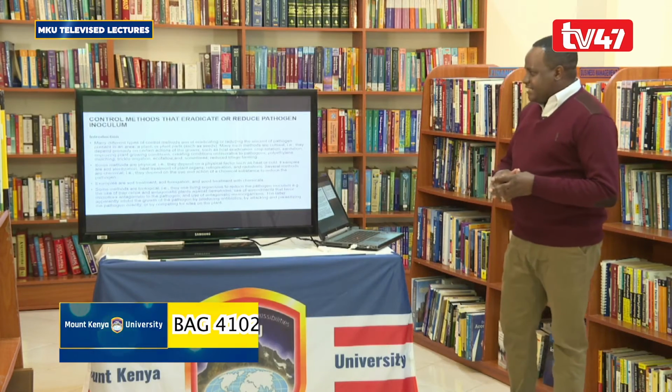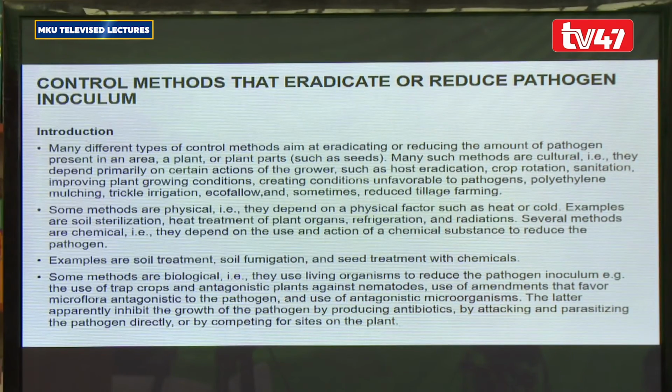Then we have control measures or methods that eradicate or reduce pathogen inoculum. Inoculum is the quantity of the pathogen that is causing the disease. There are a number of techniques which can be used to reduce the inoculum on the plant. You have tried avoidance, you have tried prevention, but eventually the pathogen has come into contact with your plants.